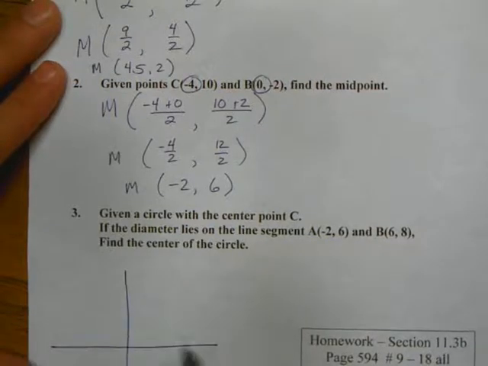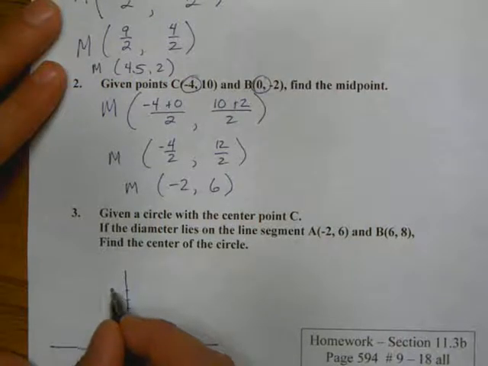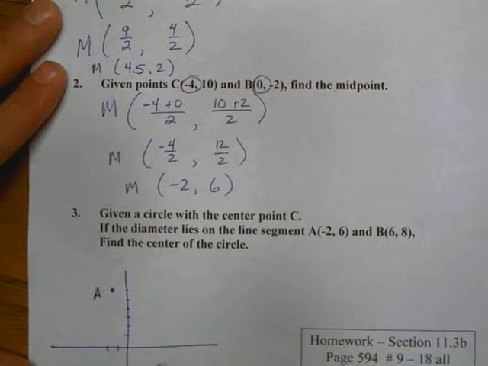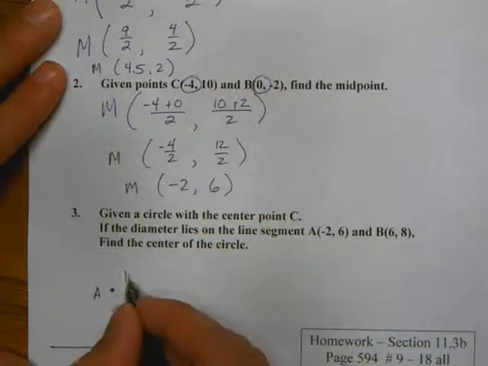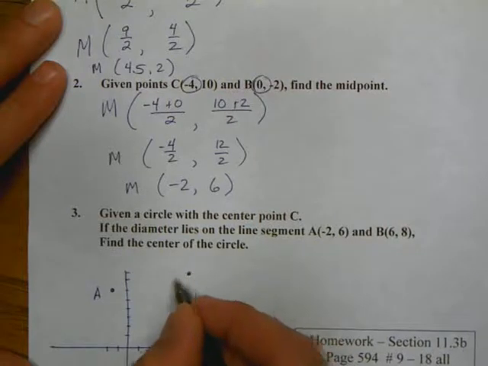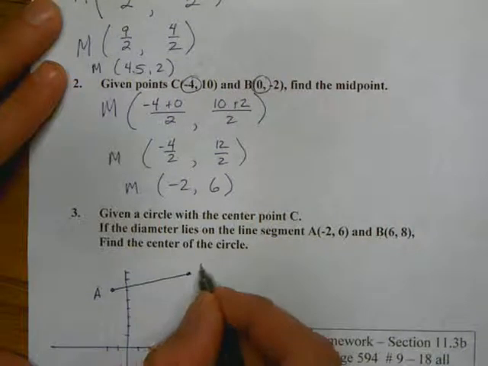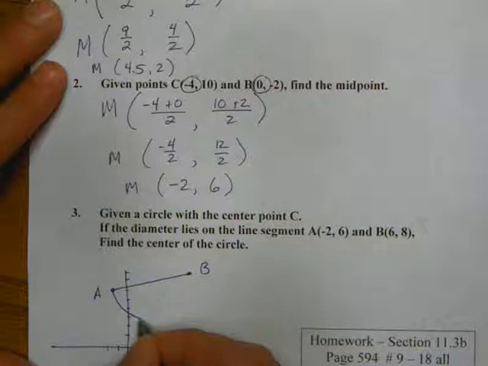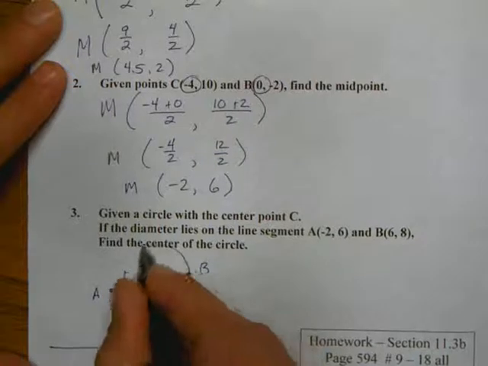As we look at our third example on this page, we're asked to have a circle with 2 points and try to find the center of that circle. And so here I have negative 2 and 6 as my first point A, and my second point is 6 and 8.